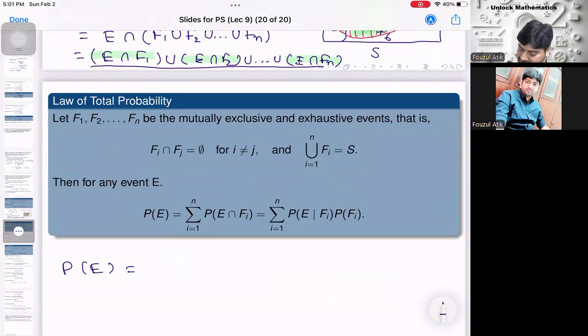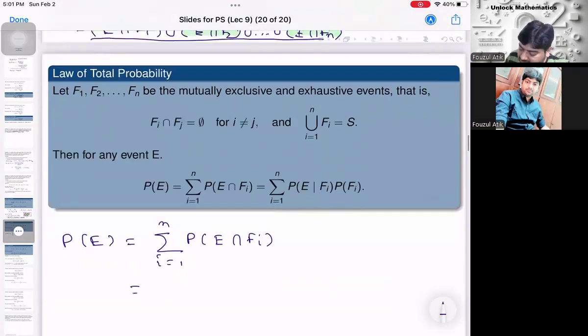So it is equal to the summation from i equal to 1 to n of P of E intersection Fi. And for each individual event, from the multiplication rule, it is P of E given Fi into P of Fi. Right? So this is called the law of total probability.